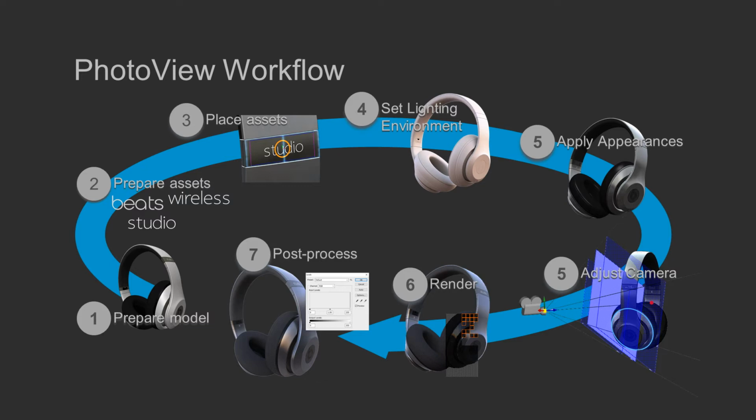On step 5, once you have appearances and lighting, then set up your scene camera with the proper perspective to best render your product. And there's some tips I'll talk about here about golden rule and how best to accentuate an interesting looking shot.